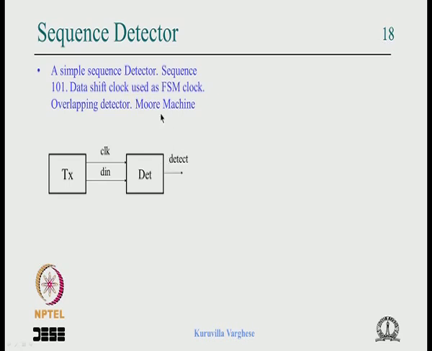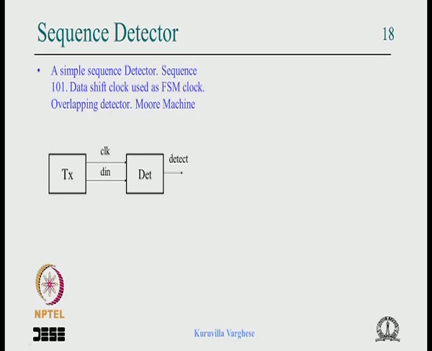Now we are not designing the receiver, we are just designing the sequence detector, and we are trying to implement that detector as a finite state machine, which need not be the case in a real sequence detector used in communication. But it's a nice exercise, basically sequence detection.